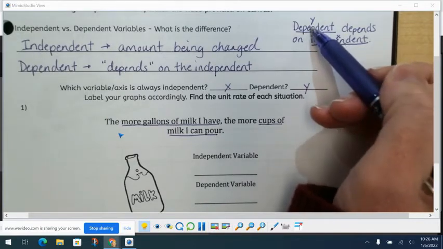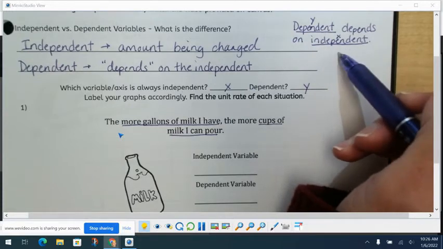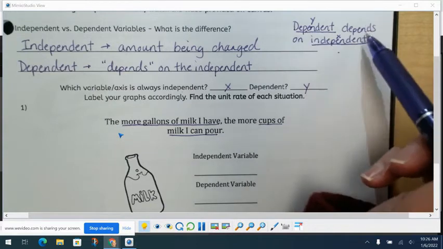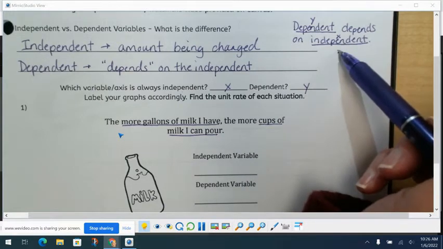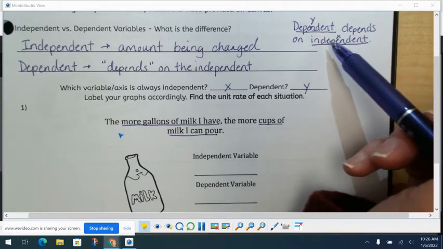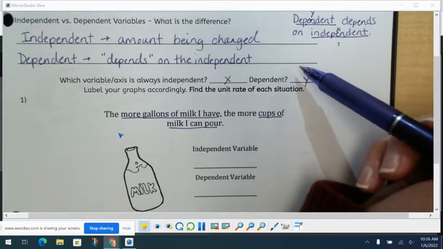Do the gallons of milk that I have depend on the cups of milk that I can pour, or do the cups of milk that I can pour depend on the gallons of milk that I have? Well, the cups depend on the gallons, because otherwise it doesn't make sense. My gallons don't depend on my cups; my gallons just are. So the more gallons I have, the more cups I can pour.